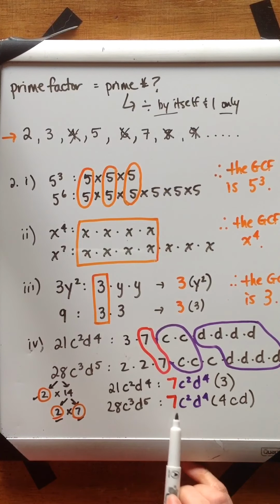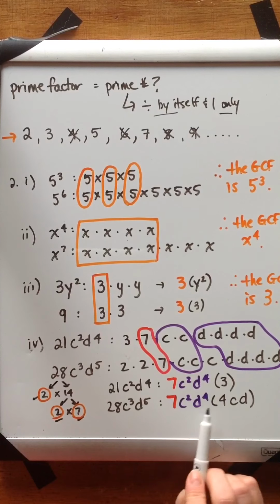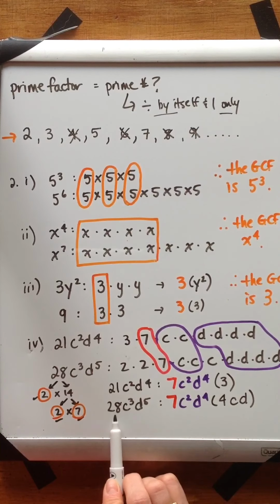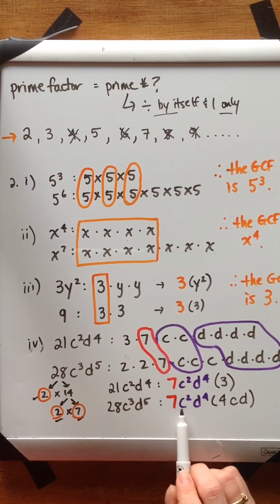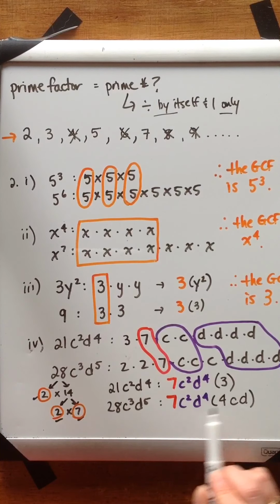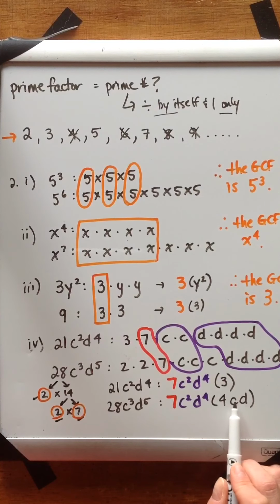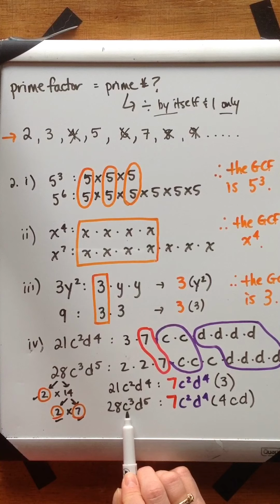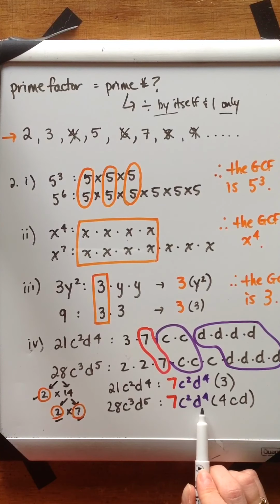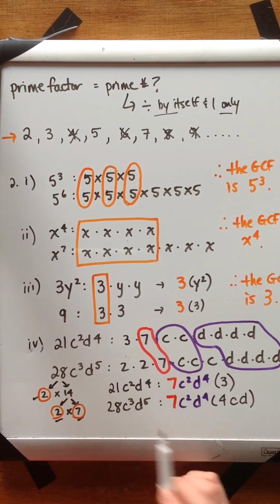And just to double check our work, we can check and see if the numerical coefficients multiplied together give 28. They do. Does c to the first times another c equal c cubed? Yes. And then d to the fourth times another d, well, this is 4 d's being multiplied by each other, times another d would be 5 d's multiplied by each other. So there you have it.